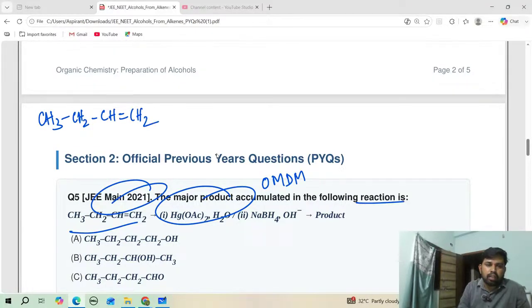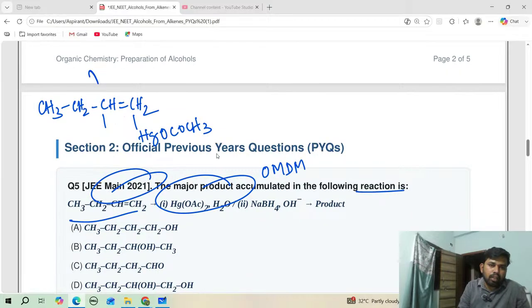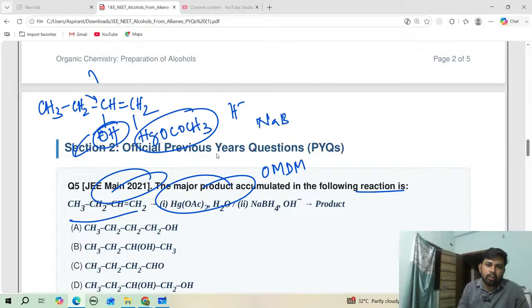Here Hg(OCOCH3) will be attached here, at the least substituted carbon, right? So it will be added first here. Later the protonation, meaning removal of hydrogen from the water attached here, takes place. Later this will be removed by hydride ions from sodium borohydride.